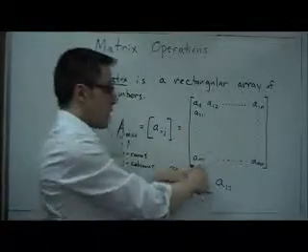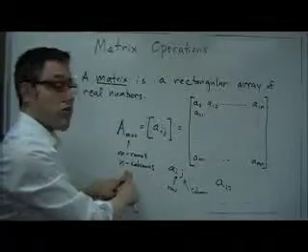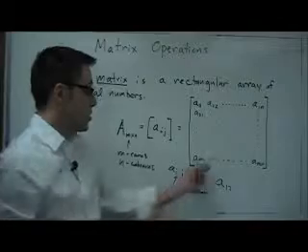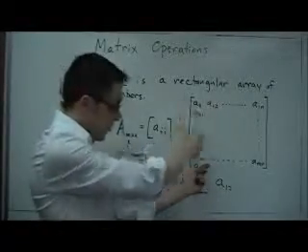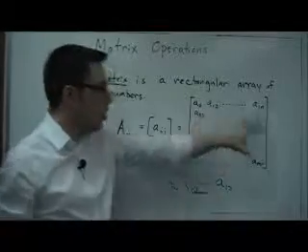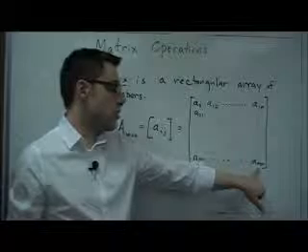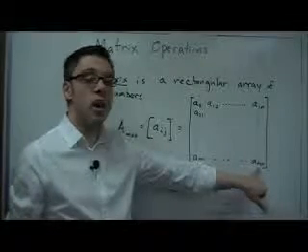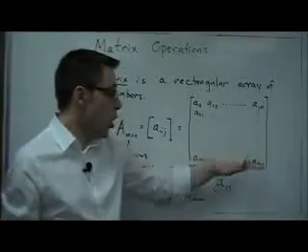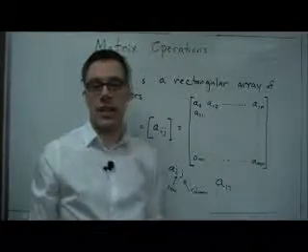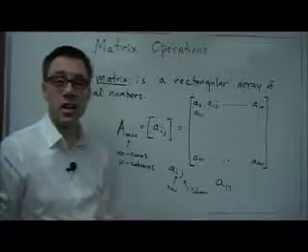We said originally that there were M rows, so this entry is in the mth row, the last row, but still in the first column. And I put all of the entries in, and at the very end, I have the last entry in the matrix, which is a_mn. Again, it's in the mth row and the nth column, so it's the very last entry. Okay, so in general, this is how I define a given matrix.